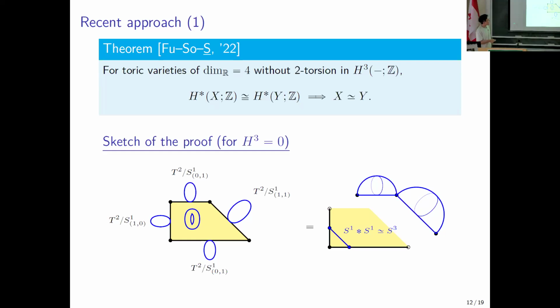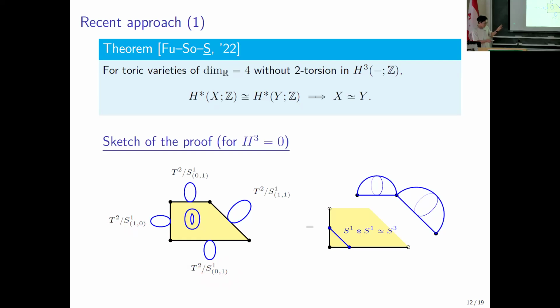If you look at these two edges, that's going to be just a wedge of two spheres, right? And also, if you imagine a line connecting some point here and some point here, in the interior there is a two-torus, and one end is collapsing the first coordinate circle and the other end is collapsing the second coordinate circle. That's just the definition of the join. So we have three spheres, right?